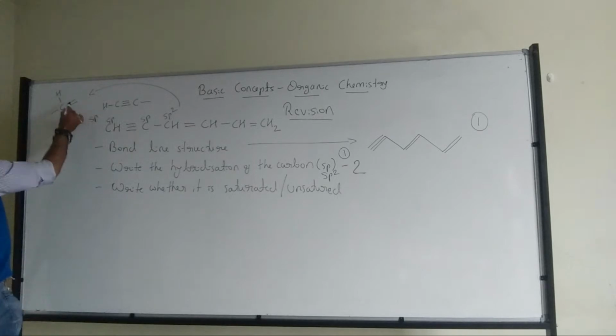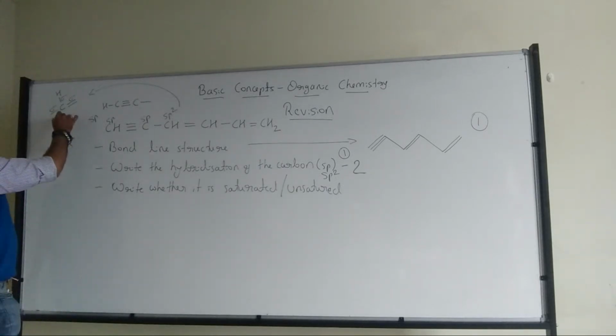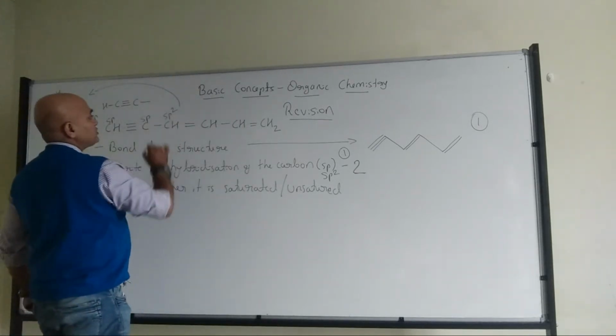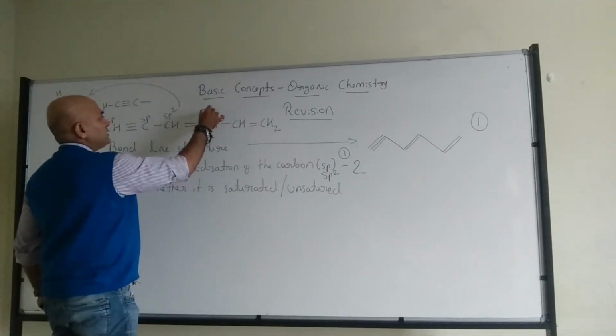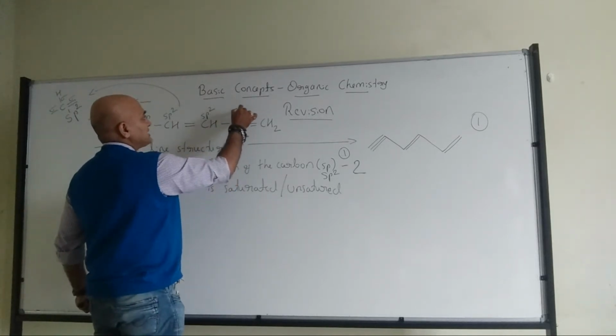So sigma bond, sigma bond, sigma bond. No pi electron. So therefore, 3 hybridized orbitals, that is one s, two p. That's why sp2. So this is sp2. So here also 3 sigma bonds, therefore sp2. What about here? Here also 3 sigma bonds, sp2.